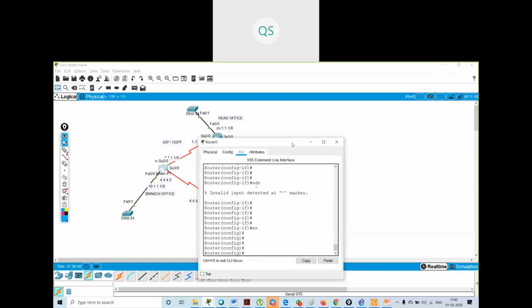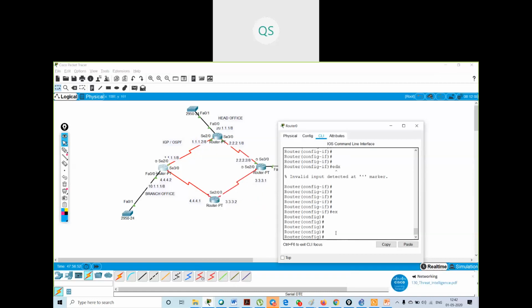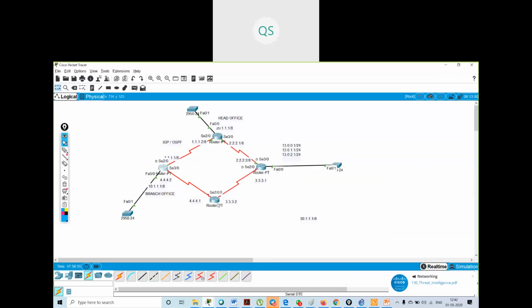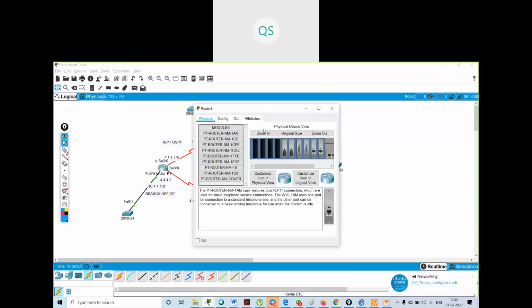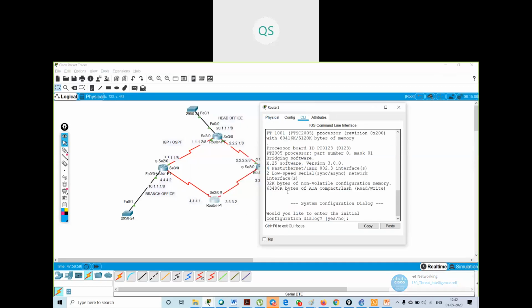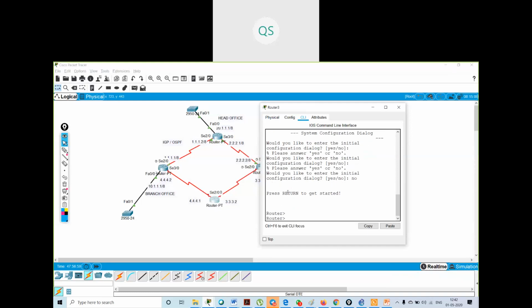Then I will go on this router and configure both the interfaces.